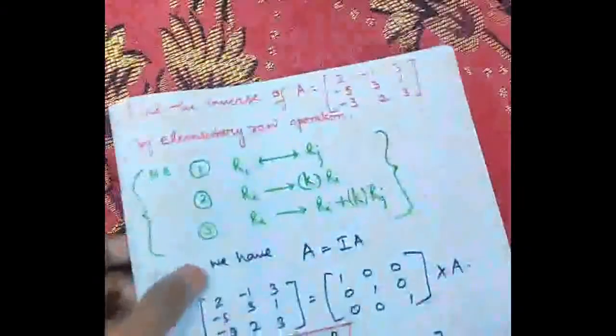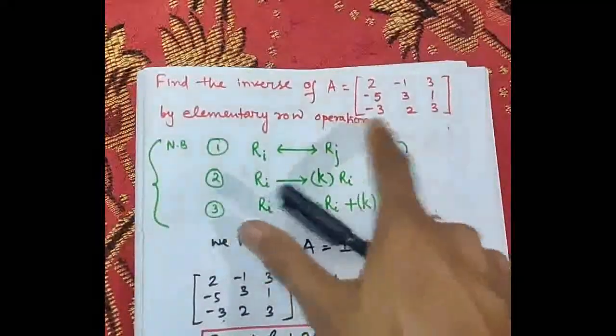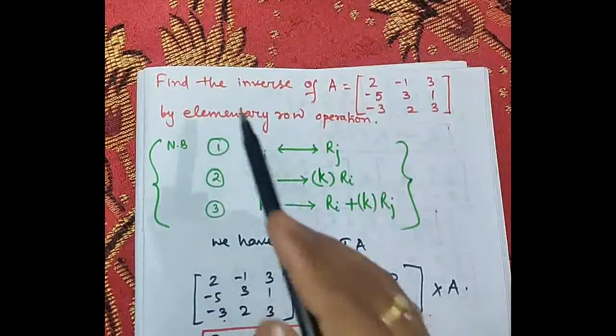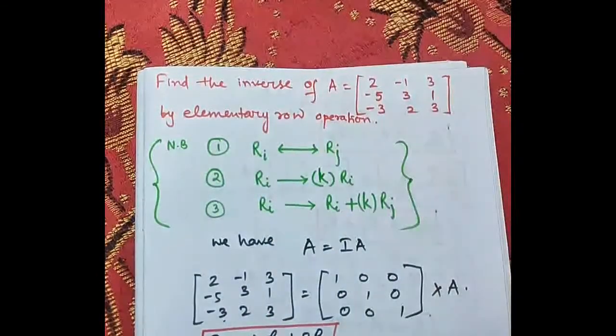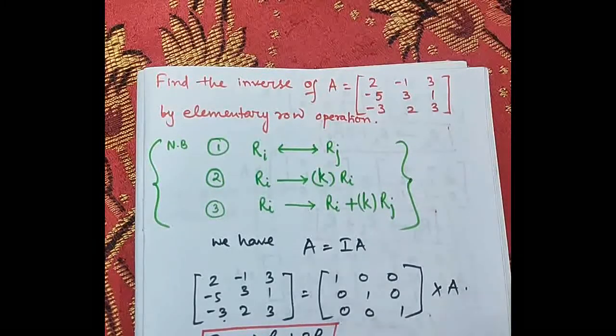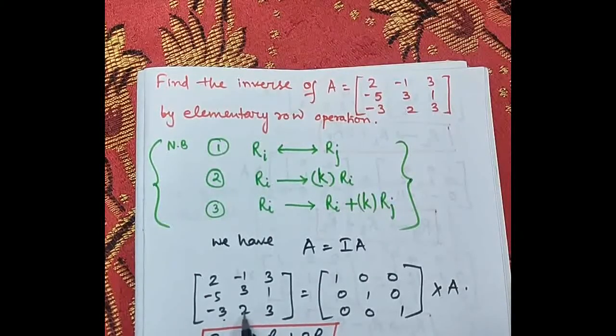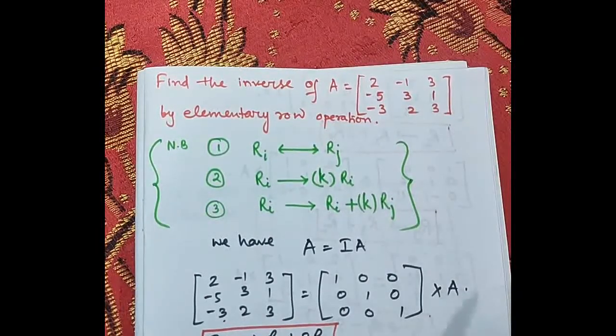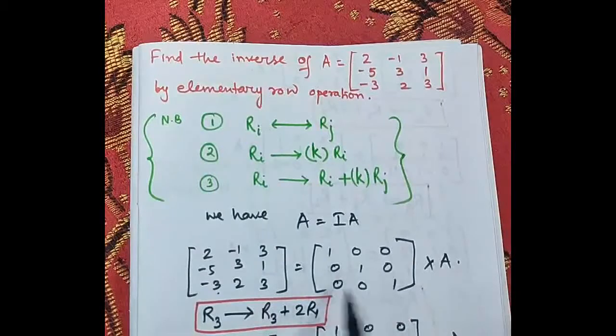Okay, now see, here I have taken one 3 by 3 matrix. You have to find the inverse of this matrix by elementary row operation. That means A equals I into A. See, here I have taken the 3 by 3 identity, 1 0 0, 0 1 0, 0 0 1.